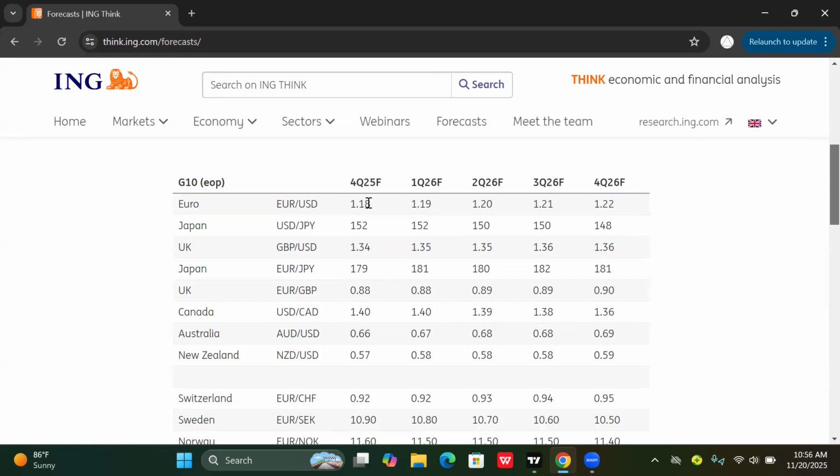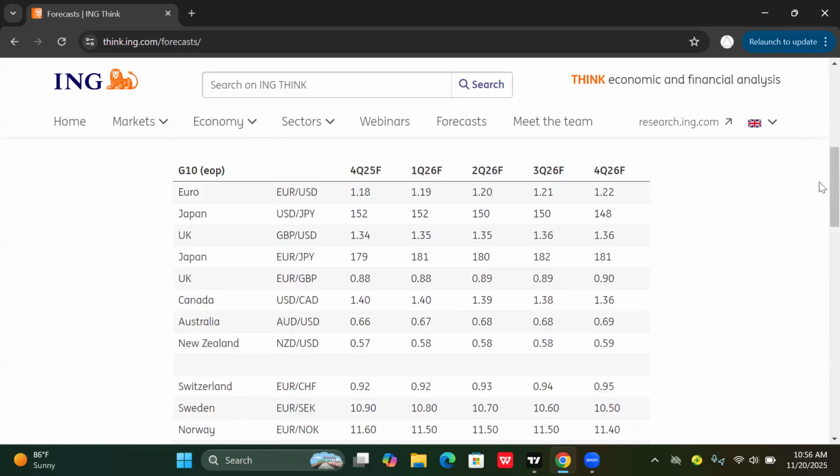Now for EUR/USD, it's forecasting a rebound from the fourth quarter of 2025 up until the fourth quarter of 2026. Same thing for GBP/USD, a rebound is likely, but not as much as you would expect for EUR/USD, because the Bank of England is currently in a difficult situation as well.